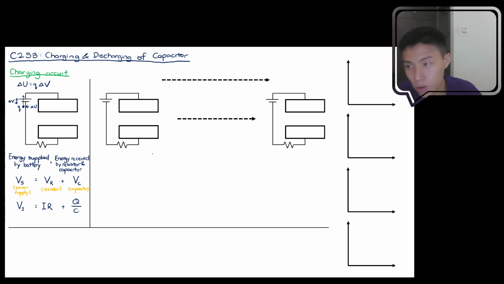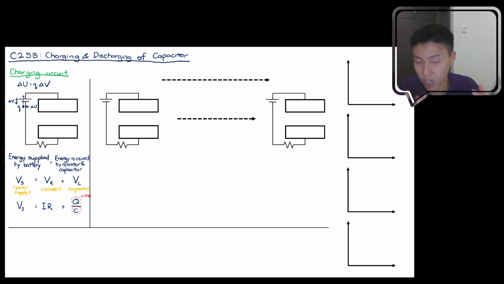Okay, so if you are talking about a charging process, what we will expect is that the charge will become more and more, right? You store more and more charges in your capacitor. So by that logic, you should expect your Q to be increasing. At the same time, for the capacitance of a single capacitor, as I mentioned a few times before in previous videos, especially in section 1, the capacitance won't change unless you do something inside the capacitor.